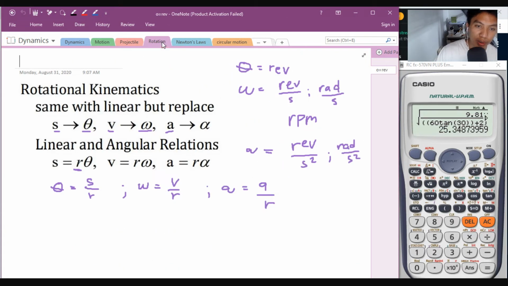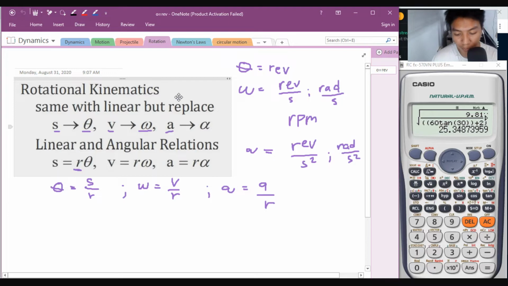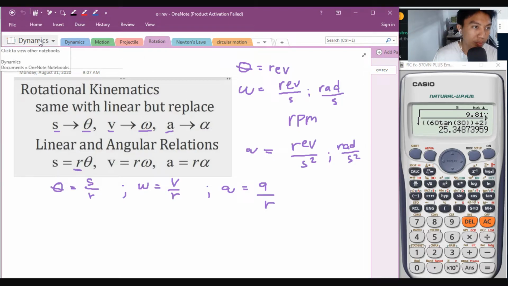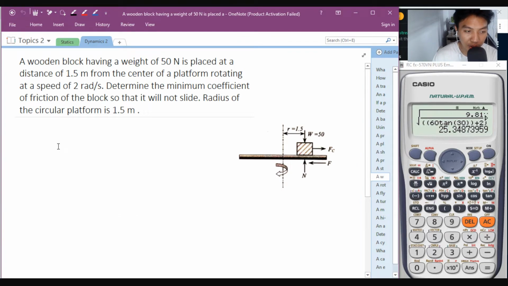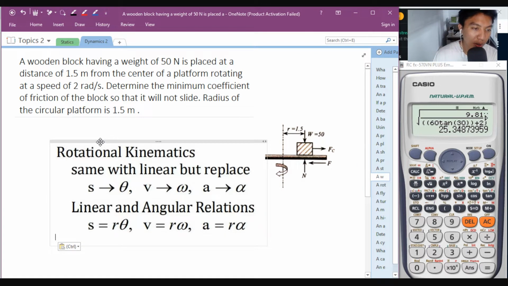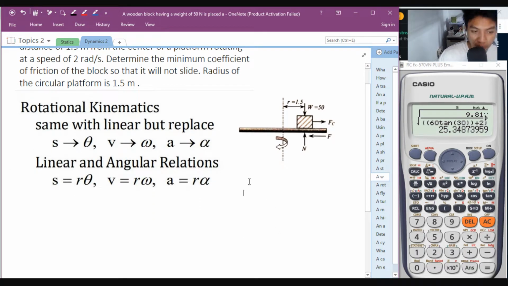For rotation, let's copy this one. For rotational kinematics, it is the same with linear motion, but you have to replace some of the variables there.